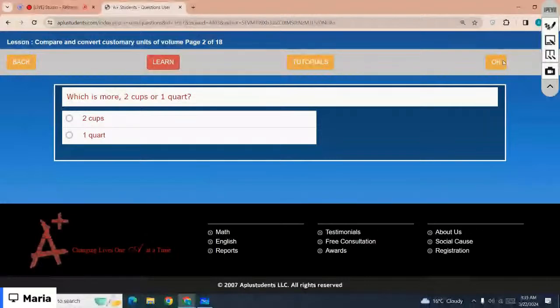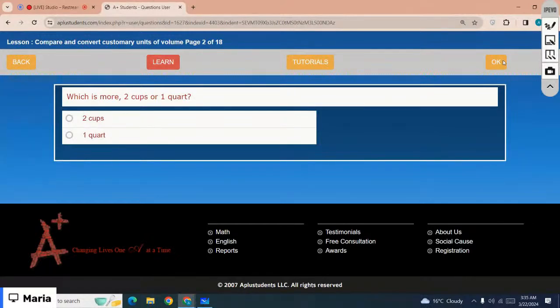Which is more, 2 cups or 1 quart? Which is the correct option? One quart equals 4 cups, right?